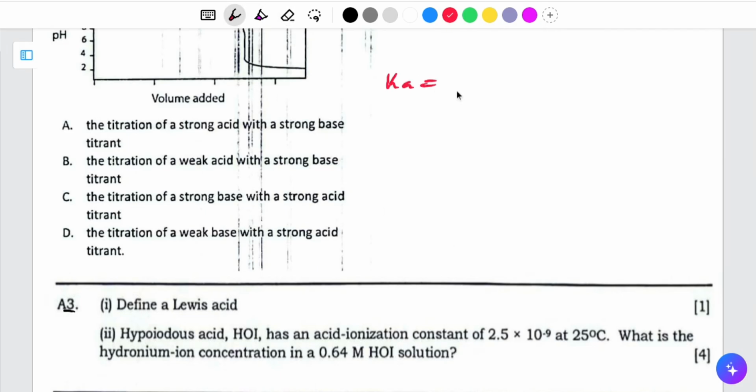So Ka, the acid ionization constant here, is 2.5 multiplied by 10 to the power negative 9. So if this acid undergoes ionization, what are we going to have?